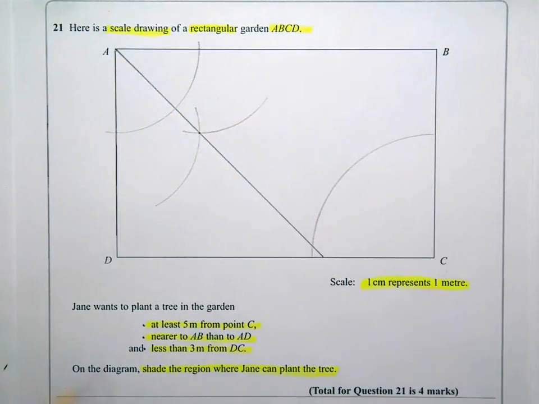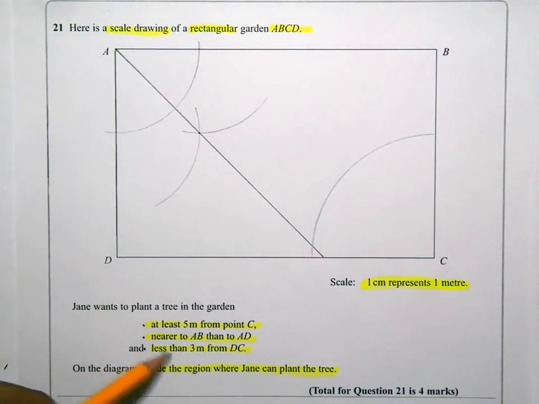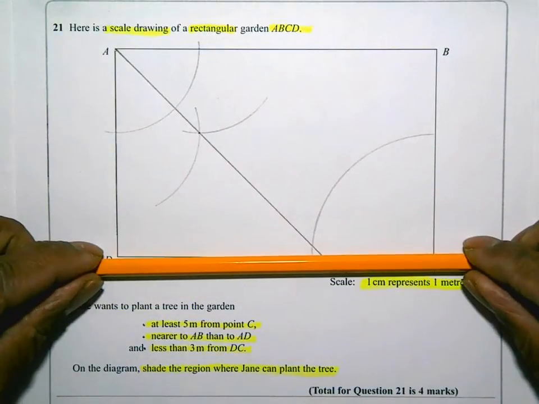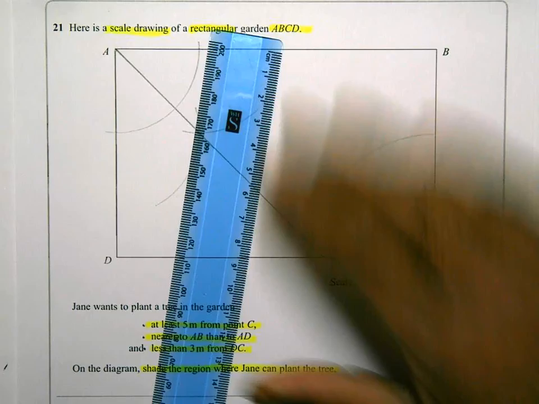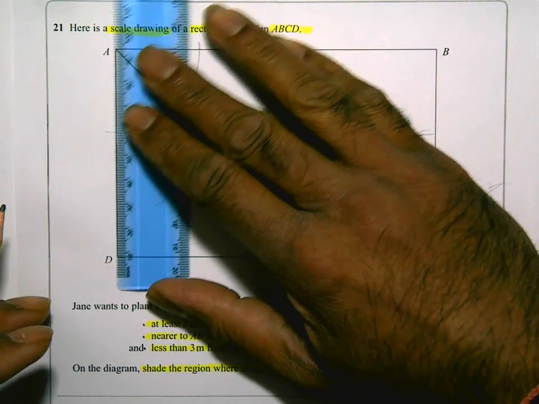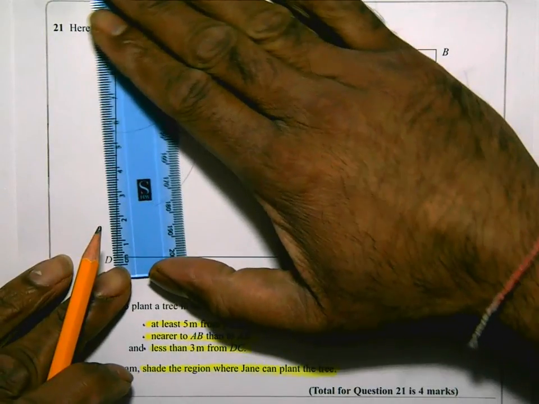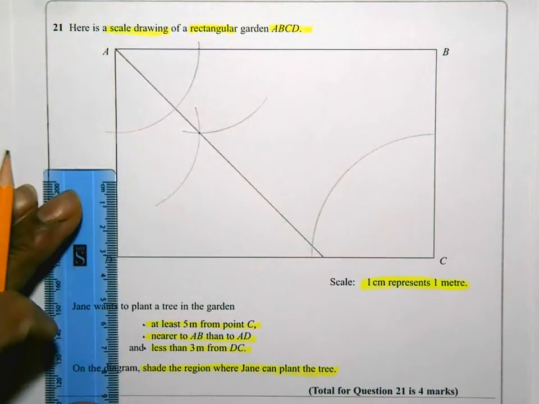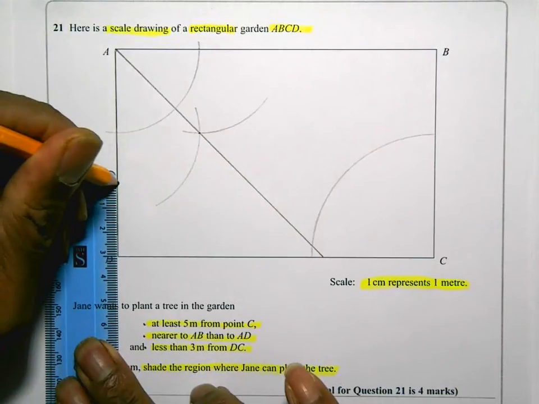It says Jane wants to plant a tree in the garden so that it's now less than 3 meters from DC. So here's the line DC, and the tree needs to be less than 3 meters away from DC. So I'm actually going to draw a line that's 3 centimeters away from DC. So to do that, let's just measure this distance. Three centimeters there, and 3 centimeters on this side.